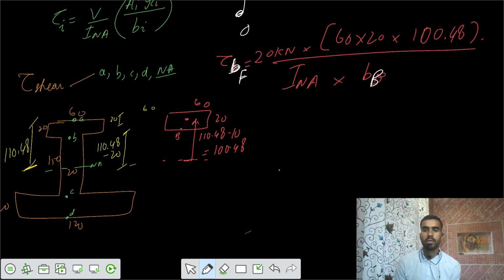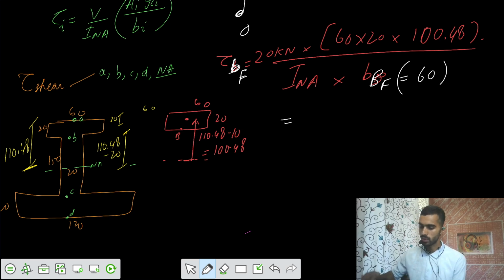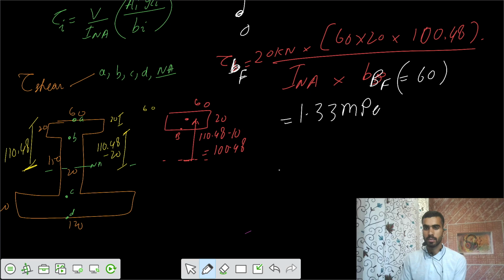Width at B in the flange equals 60 mm, and you get the value of shear stress equals 1.33 megapascal.